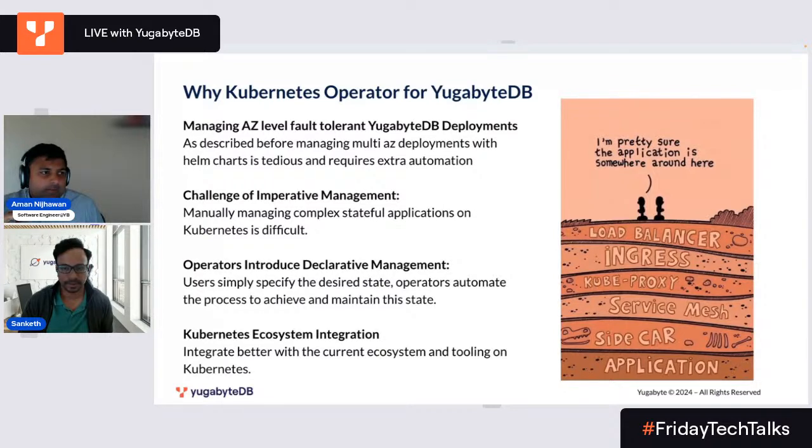Another thing with operators is that it's easier to integrate with other aspects of Kubernetes as well, because in production, we don't want to have imperative operations changing the cluster. And so operators generally are an easier way to manage stateful workloads in production at scale.